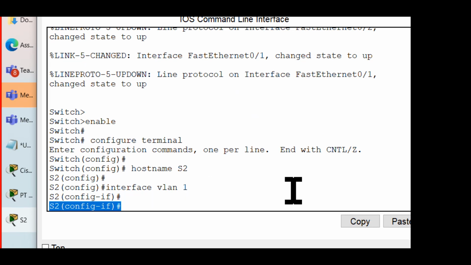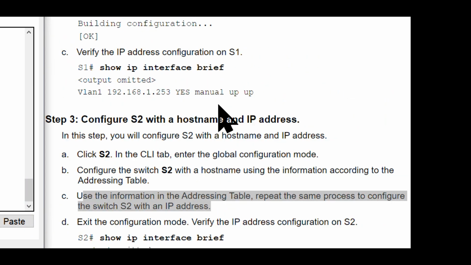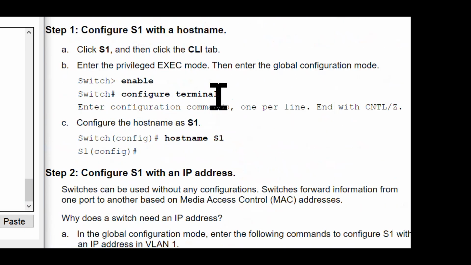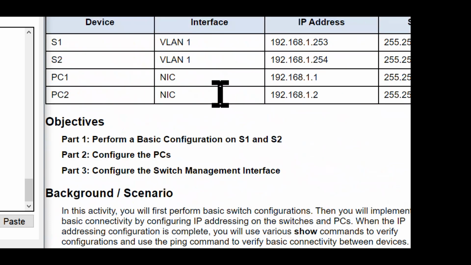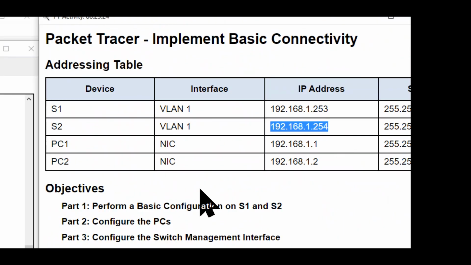So same thing, we are going to configure the IP address for switch 2. In this case, the IP address for switch 2 is available on the addressing table. So let's go to the top. Can you see the addressing table? So this is my S2 IP address.